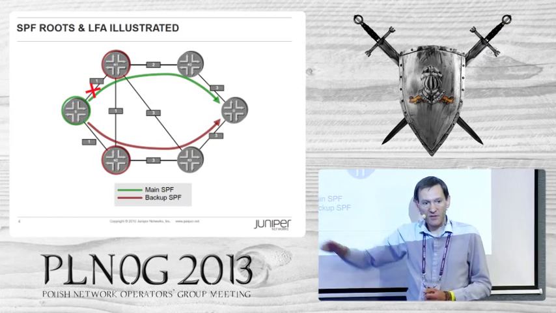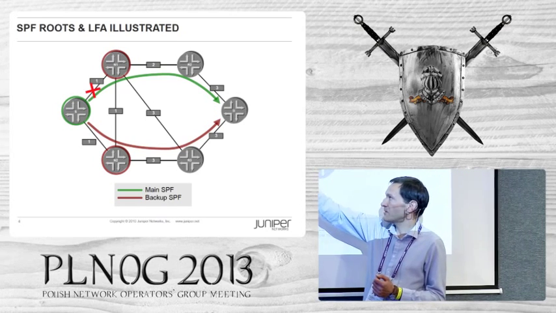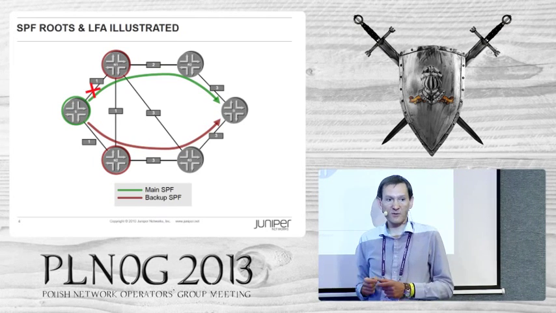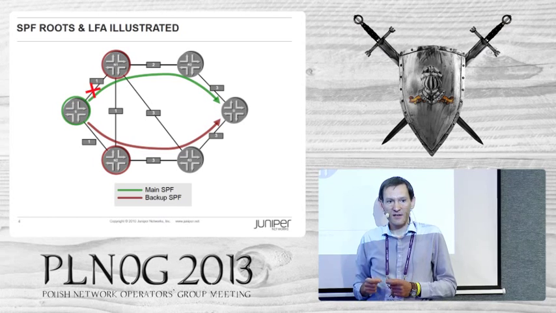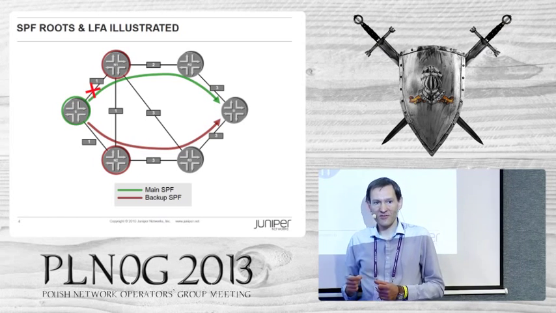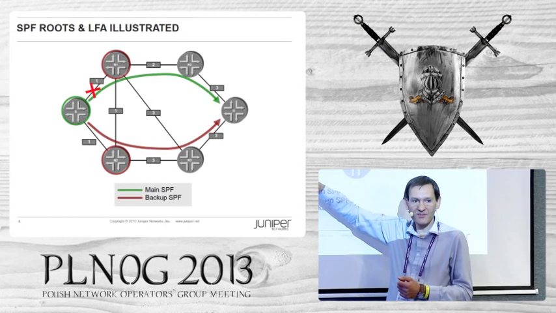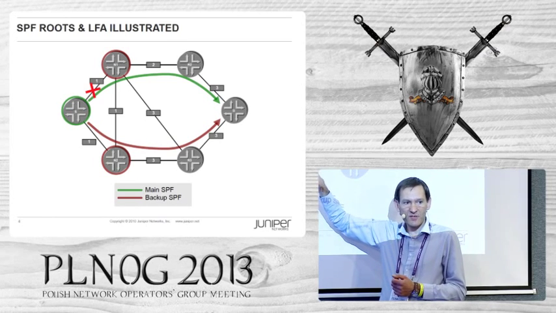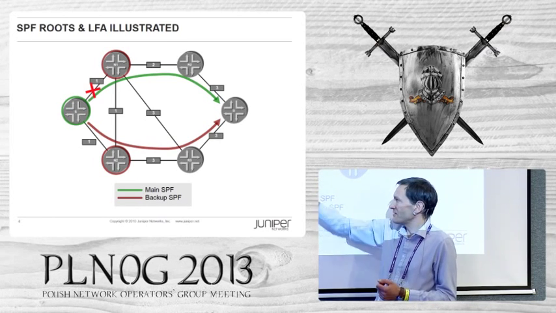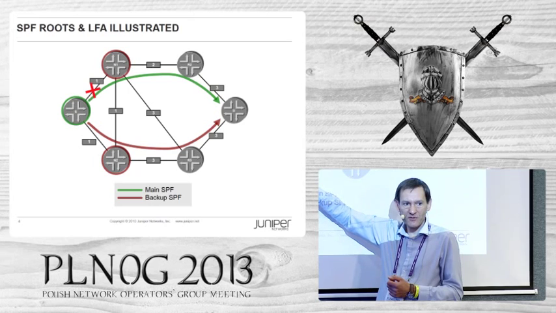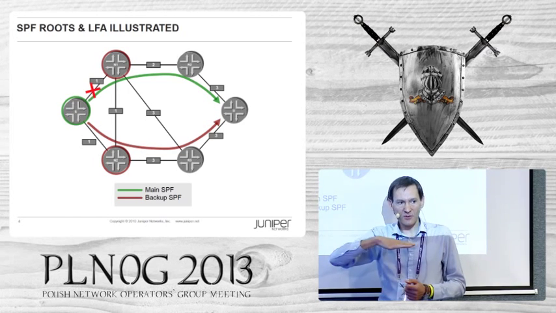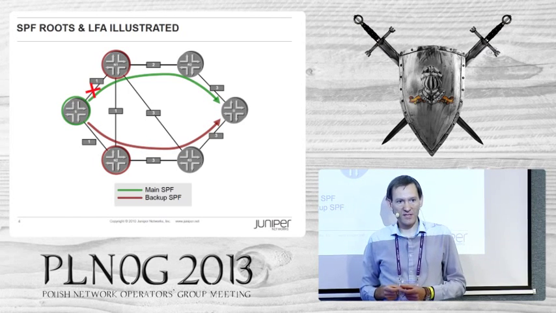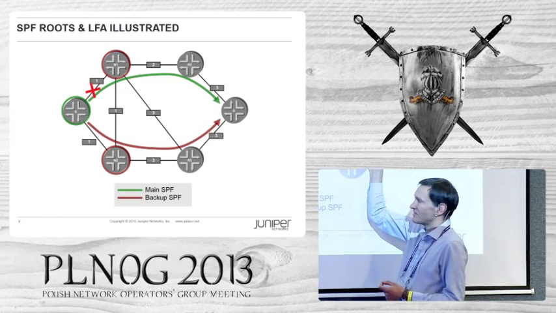So that's good. And so what this router's doing, in fact, is, as well as doing his normal SPF calculation, he's also doing SPFs on behalf of his next-door neighbors to see what they would do with traffic to a certain destination. Identifying this as a valid loop-free alternate neighbor, he installs an alternative path in his packet forwarding engine pointing towards this destination.